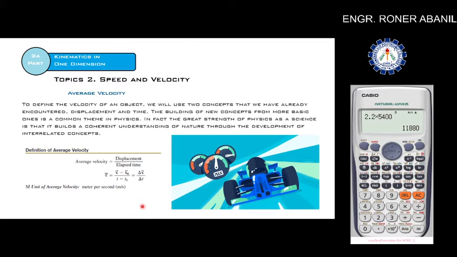So, pwede nating sabihin na from x final minus the x initial all over time final over time initial. So, magiging change in x and change in t. So, dito, ang gagamitin nating unit dahil sa libro na to, meters per second. Okay?